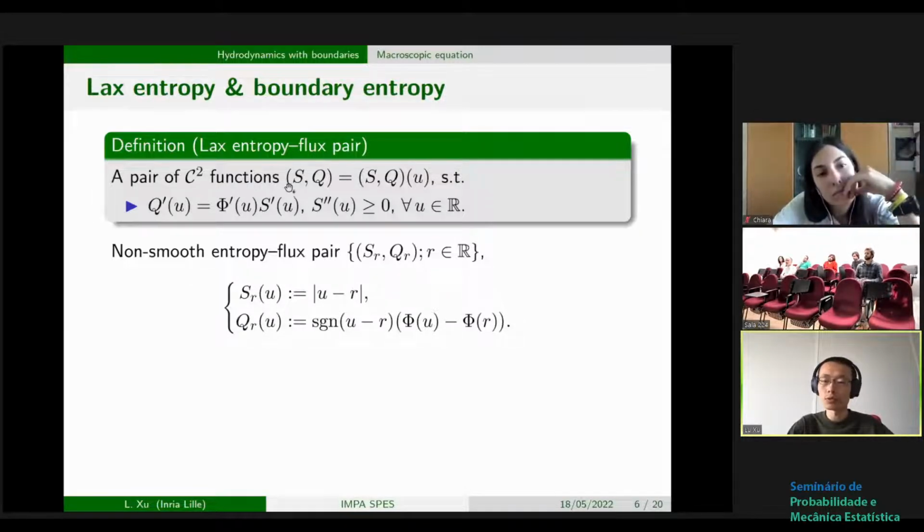Basically, these two definitions are almost the same, because the non-smooth entropy is the limit of the smooth entropy, and the smooth entropy is always contained in the convex hull of the non-smooth entropy. So the definition of the entropy solution with these two types of entropy is basically the same.